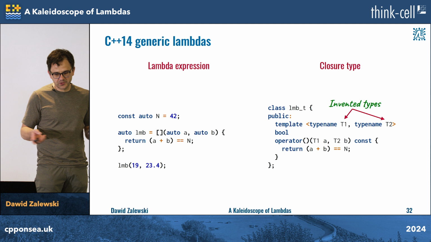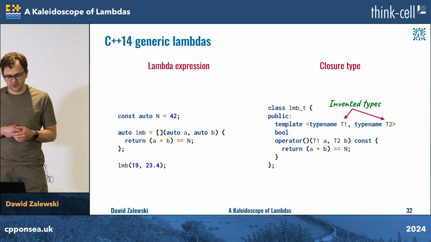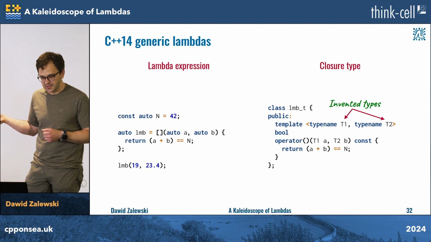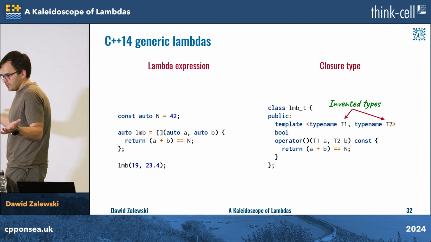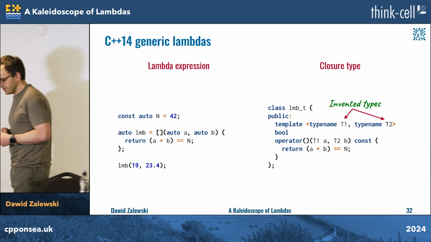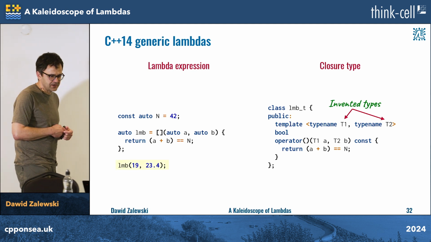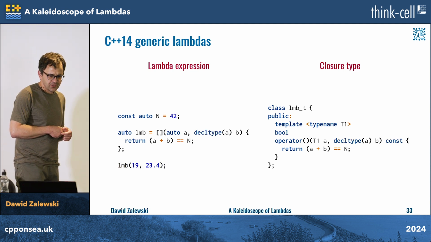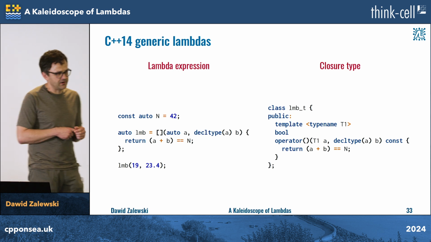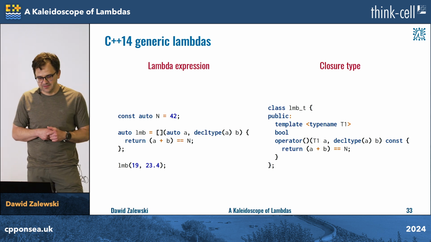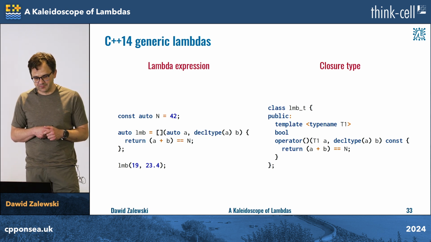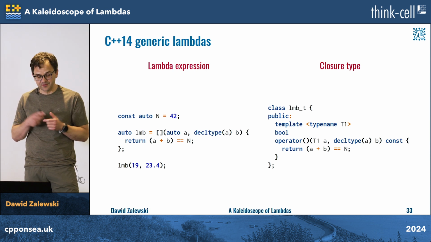And code like this, which maybe I wouldn't like to compile, does compile when I call a lambda with an integer and with a floating point number. Because, why not? Types are properly deduced, everything is fine. There are ways around it, and again, none of them are beautiful. This is, by the way, not a way around the problem, at least not in this case. It is in some examples.